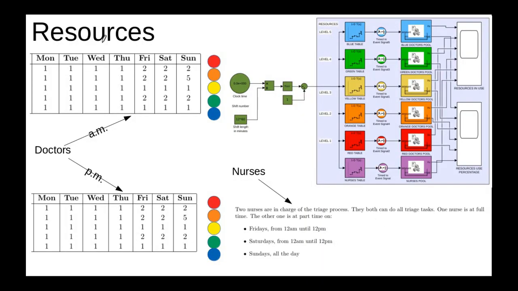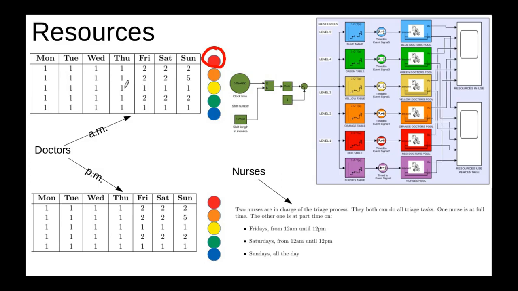The resources at the doctor's care section will depend on the color. As you can see here in rows, you have the different colors. This first row is the red color, red doctors. Here we have the orange ones.